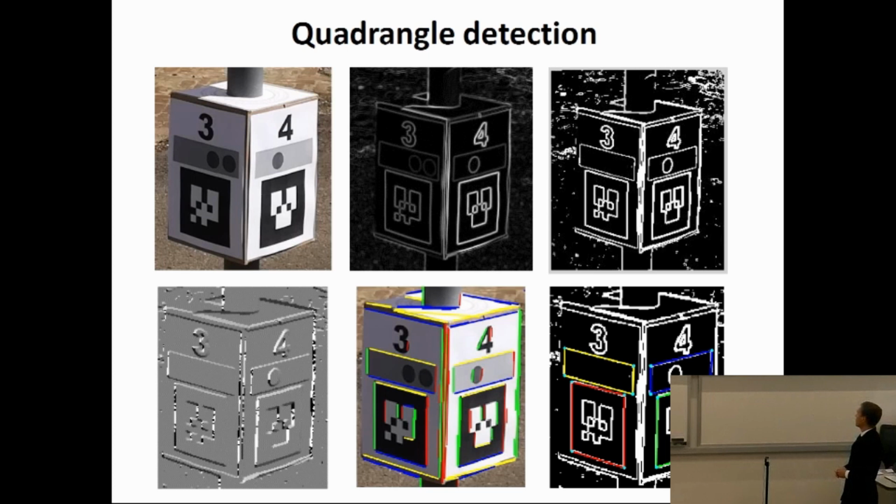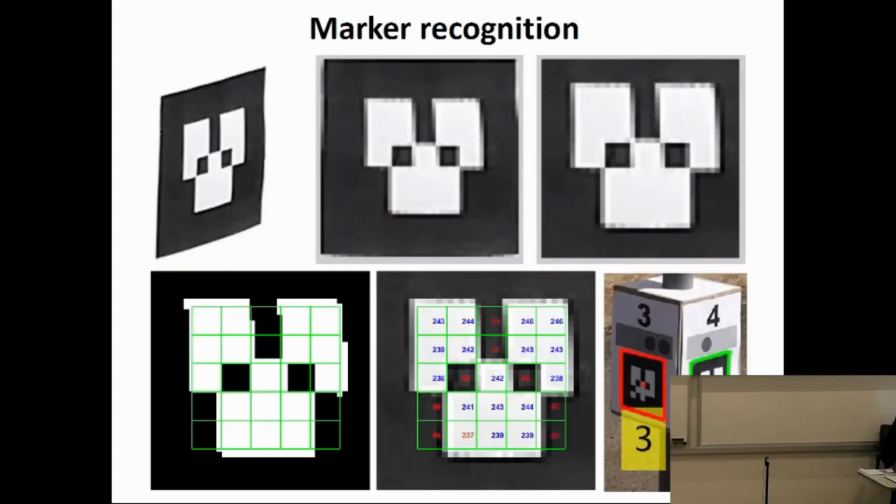From these four types of edges, it looks for a quadrangle, which is a possible black square of a marker. During the second phase, the marker recognition phase, the possible marker is transformed to its basic position, and then its edges are cut off.